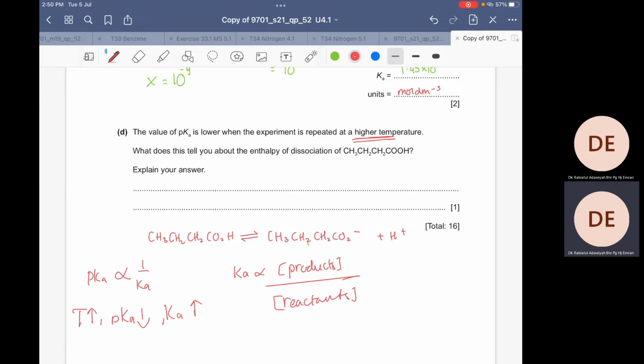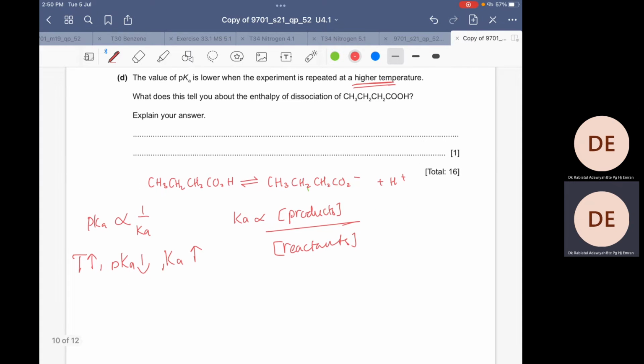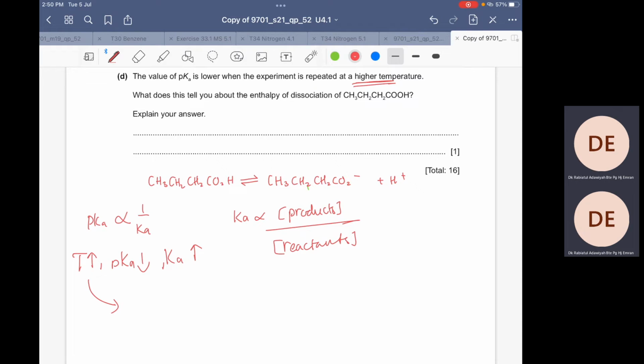Do you agree? Okay, now going back to your AS syllabus, if temperature increases, which reaction does it favor? Exo or endo? It doesn't always favor the forward. Exo or endo? Temperature increases, so the reaction will take in the additional heat. Okay, so endothermic. Okay, so your Ka is big. So do you have more products or more reactants if your Ka increases?